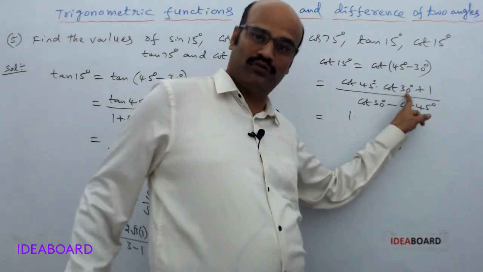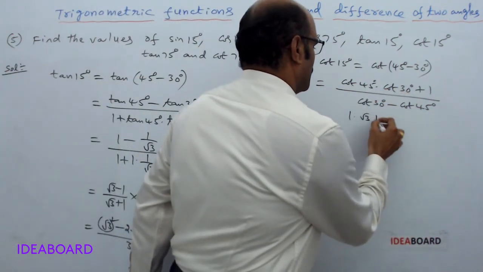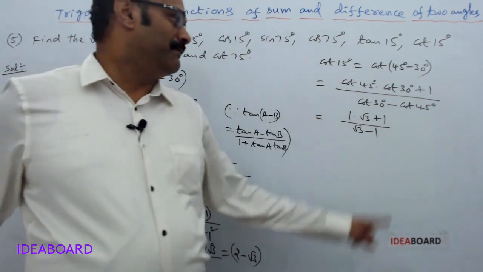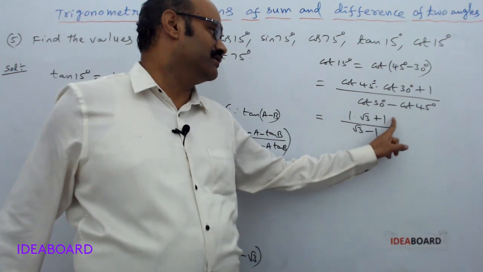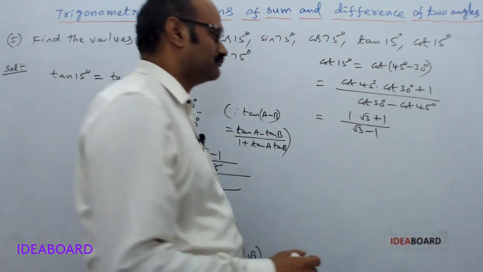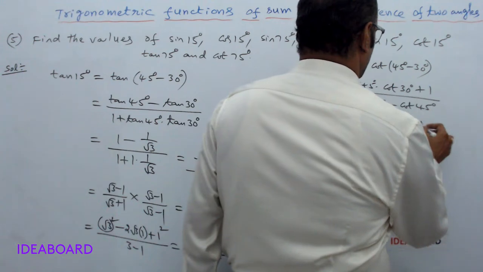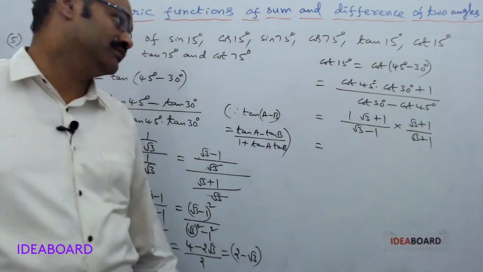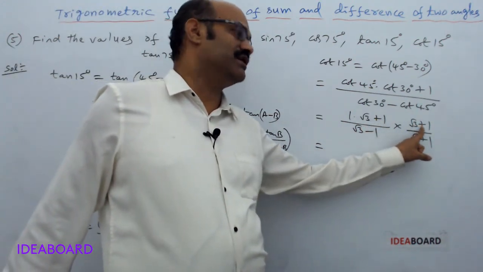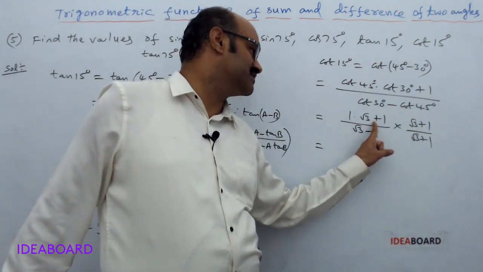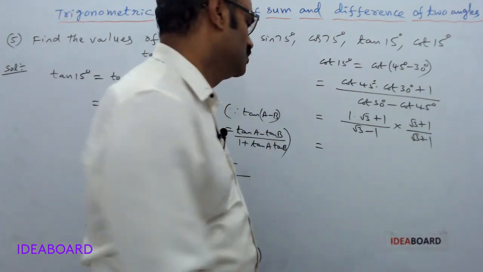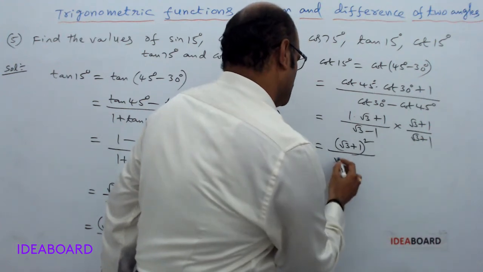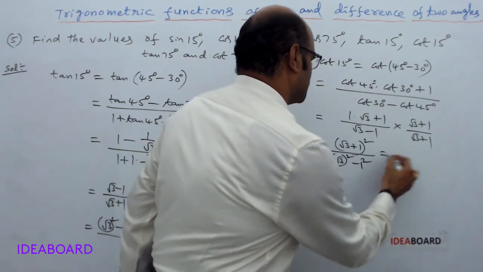Now cot 30 equal to root 3, so we get root 3 plus 1 by root 3 minus 1. Multiply numerator and denominator by root 3 plus 1. A into a equal to a square, so root 3 plus 1 into root 3 plus 1 equal to root 3 plus 1 whole square, whole by root 3 whole square minus 1 square.